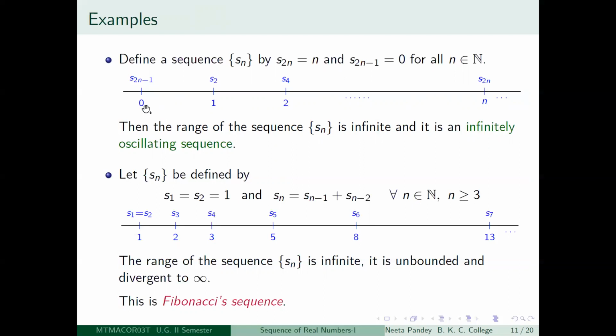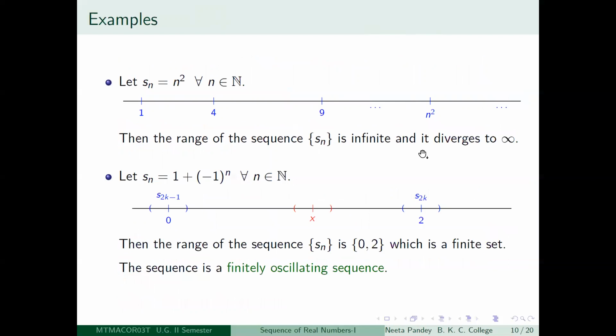For the same reason, there is no even indexed term going to lie near 0. They are all going further and further away. So therefore, this is not a convergent sequence. It is also not diverging to infinity. Notice, because every time you're coming back to 0, it is not as if you take any k greater than 0, then all terms of the sequence after a certain term will be greater than k.